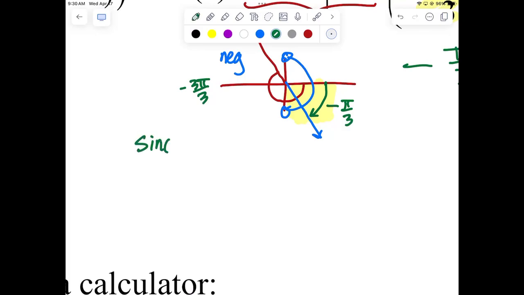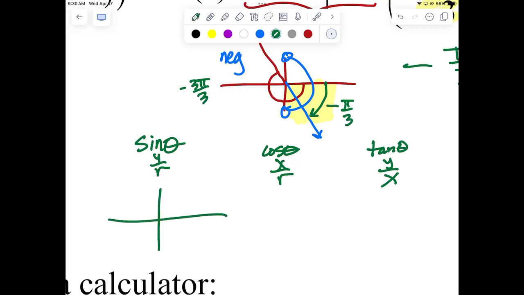It's because you have sine, which is y over r. You have cosine, which is x over r, and then you have tangent, which is y over x. So, if you're talking about sine, sine is positive in vertically adjacent quadrants, and it's negative in vertically adjacent quadrants.